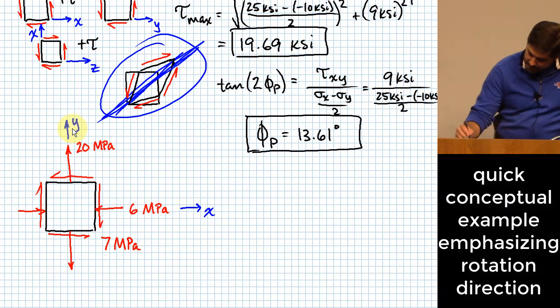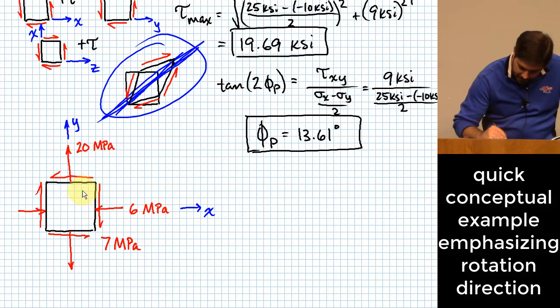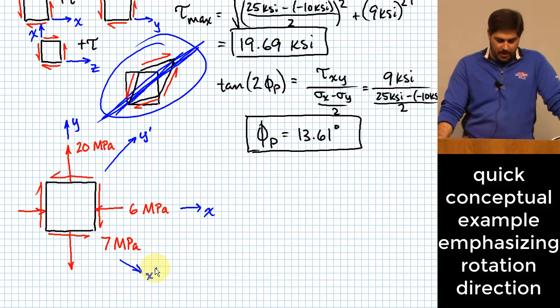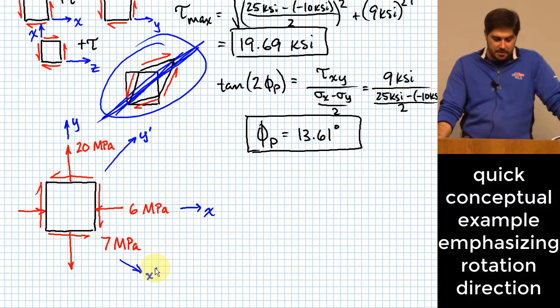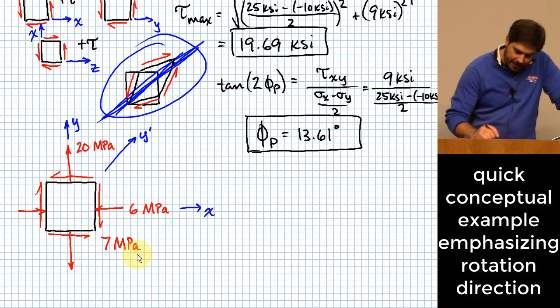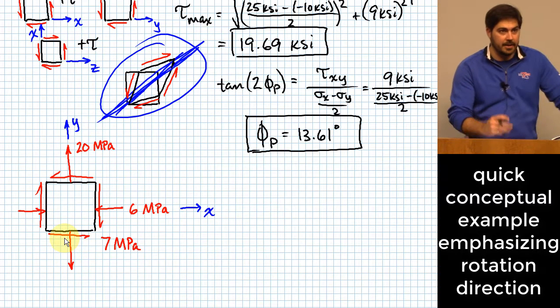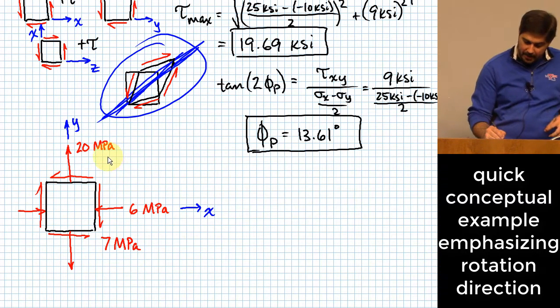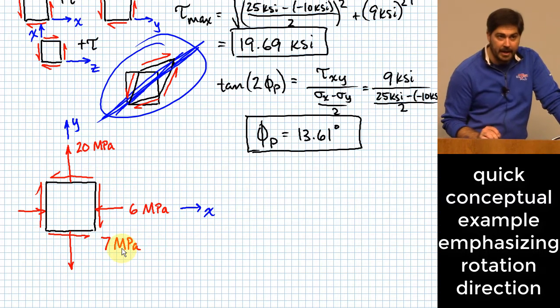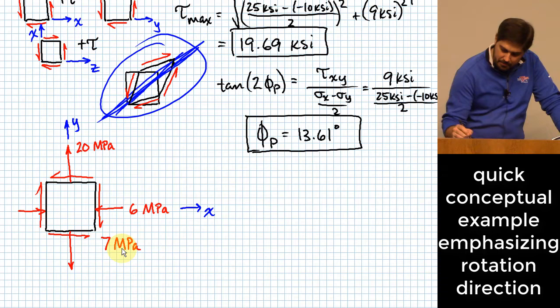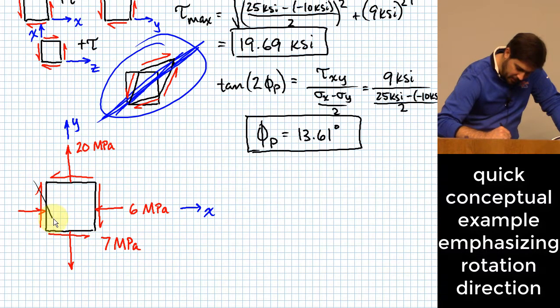Okay, so I hear someone say, would it have to be clockwise? So you're saying that I should have a y prime axis that was like over here somewhere and an x prime that's over here somewhere? Okay, is that the direction that the shearing stress is stretching this member? I started out with my highest normal component in a tensile direction being this 20 MPa, but it looks to me like the 7 MPa shearing stress would actually start to make this thing elongate more in this direction.